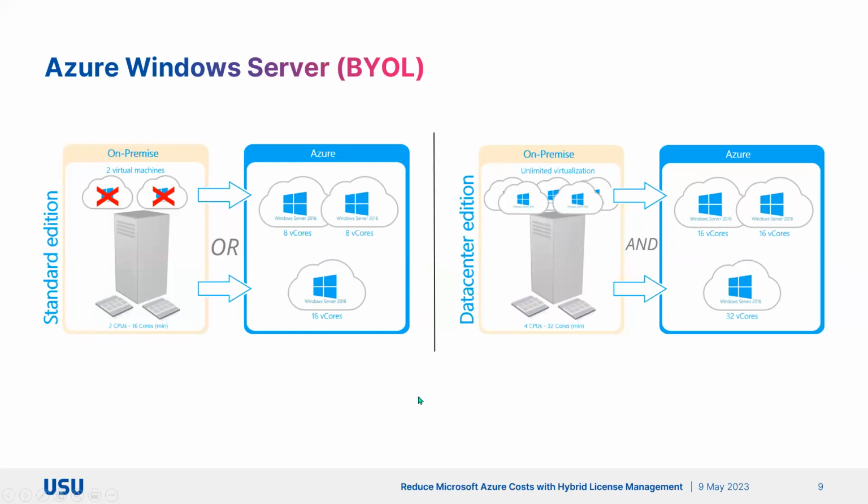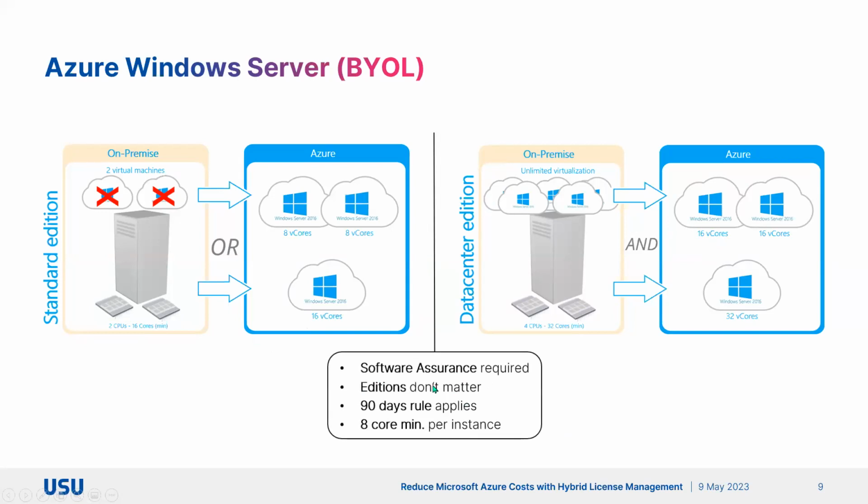And that's nice. Of course, there are some prerequisites, so you need software assurance, and that's important. So you have a regular payment of roughly 25% of your license investment. That's a rule of thumb only. You pay an annual fee of 25%. That gives you software assurance, and these are costs that need to be considered, even if you have own licenses.